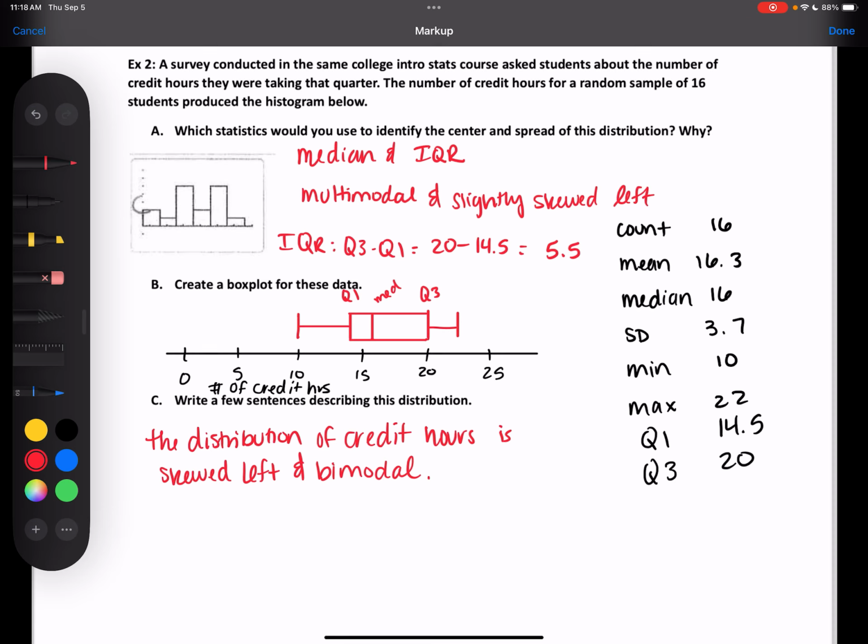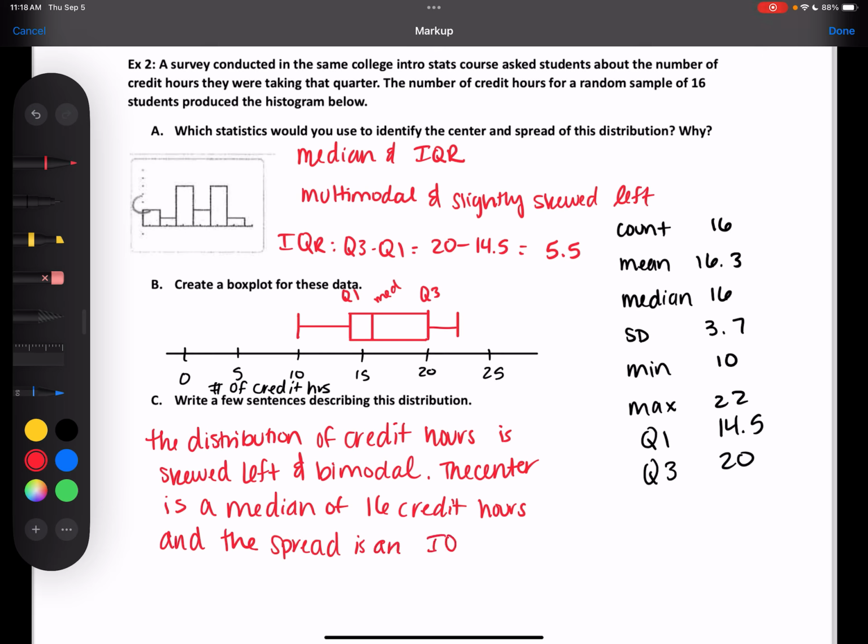The center is a median of 16 credit hours, and the spread is an IQR of 5.5 credit hours. It doesn't have to be exactly that, but something along those lines that includes just a recap of what we did, basically.